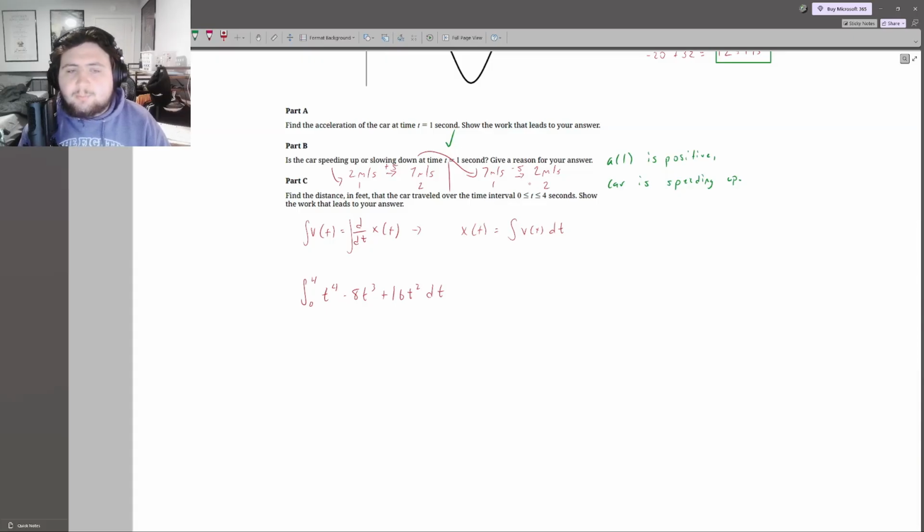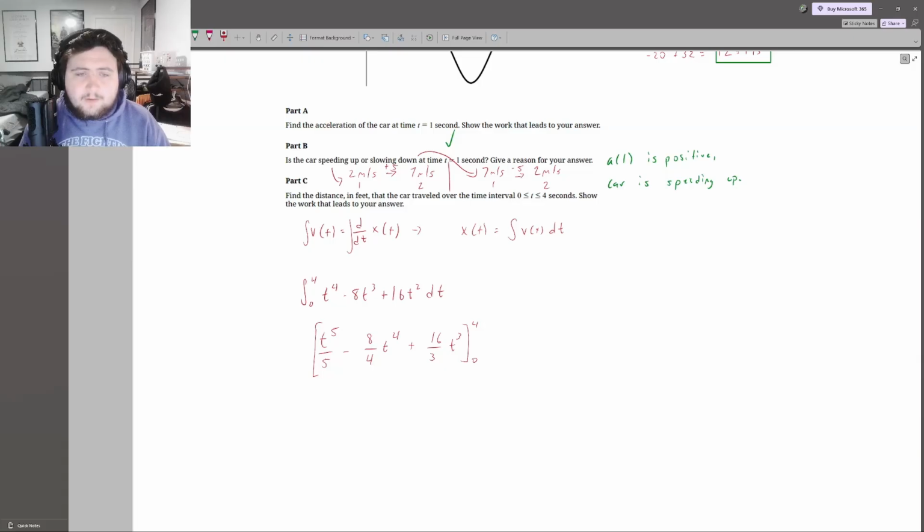We'll have 3 separate integral power rules. So we will see that it is t to the 5th over 5 minus 8 over 4 t to the 4th plus 16 over 3 t to the 3rd. Evaluated from 0 to 4.